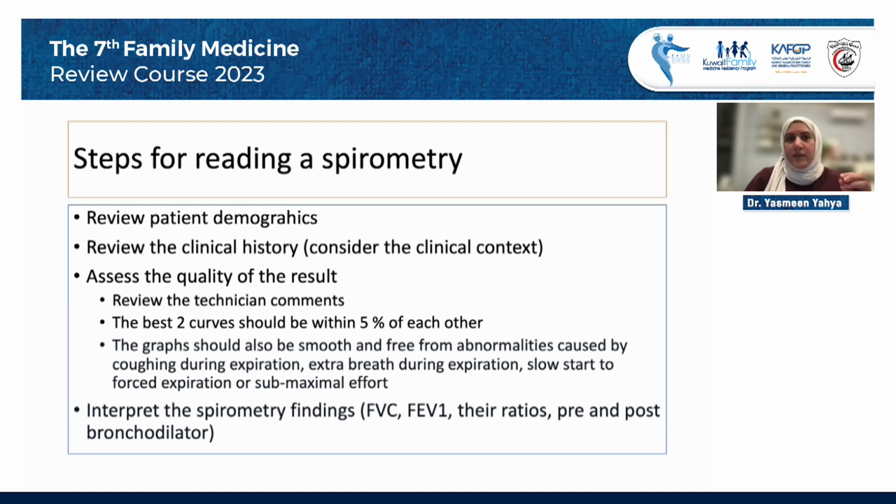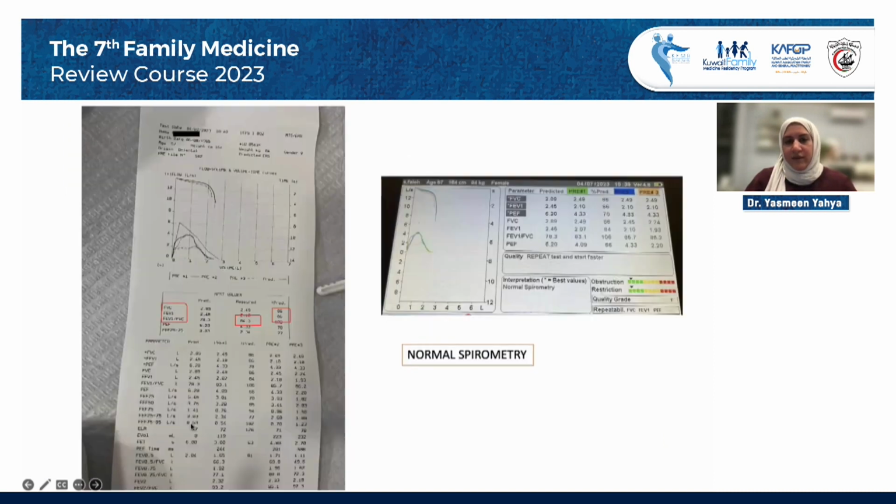This is usually the technician's job. He would write comments on whether the patient was able to perform the spirometry correctly or not. Common problems are that the patient takes an extra breath or coughs during the effort, and the test should be repeated. And then you will interpret the findings.